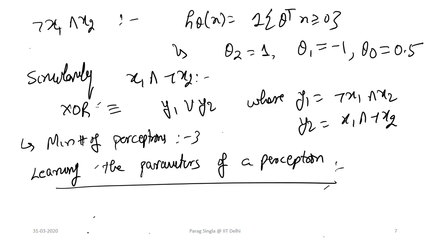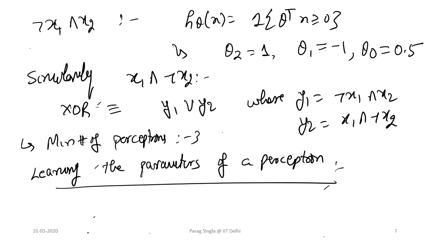If you were to represent this using h theta x is the indicator of theta transpose x greater than or equal to 0, then one possible value of theta 1, theta 2, and theta 0 would be: theta 2 is 1, theta 1 is -1, and theta 0, what do you think?